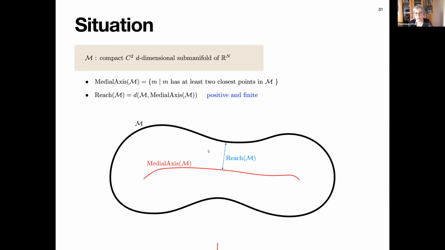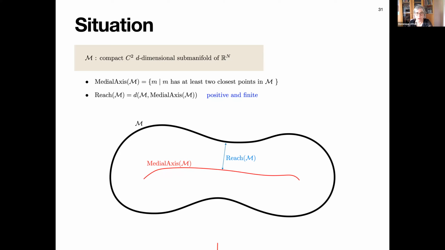The medial axis of a set is the set of points that have at least 2 closest points in the set. So here in red, we have the medial axis of the black curve M, and the reach is represented by the length of this segment.